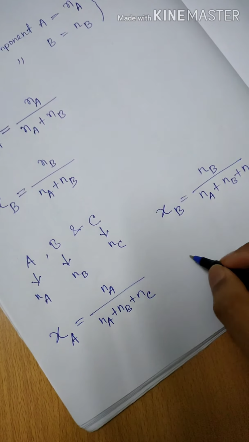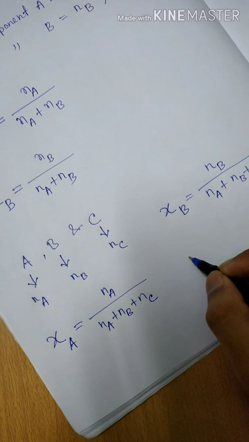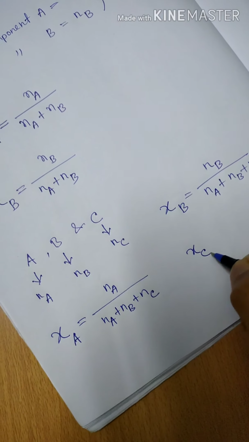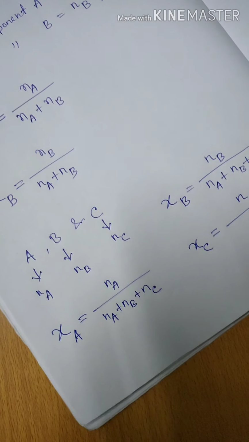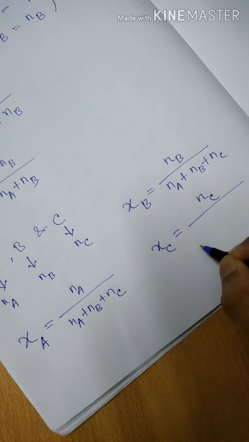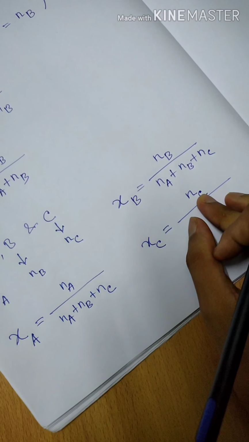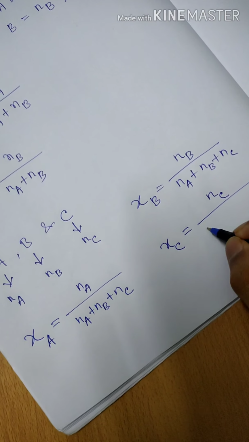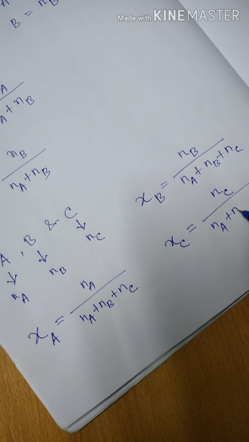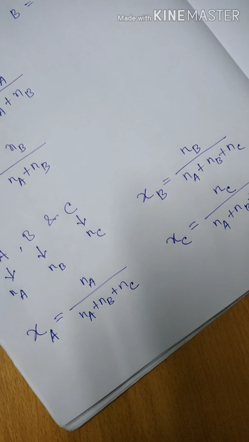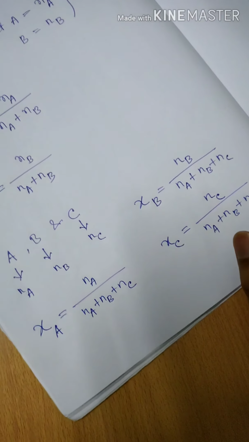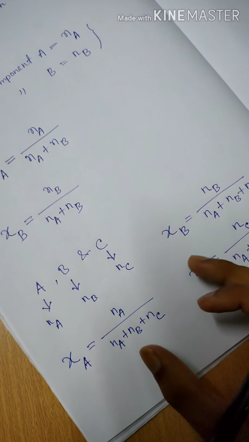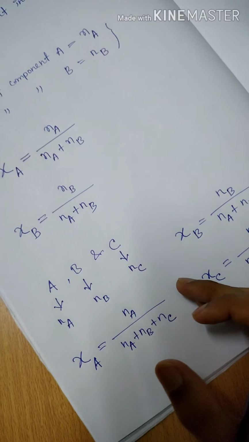Similarly, the mole fraction of component C is denoted by xi C, equal to Nc divided by Na plus Nb plus Nc. So this is how mole fraction can be calculated.